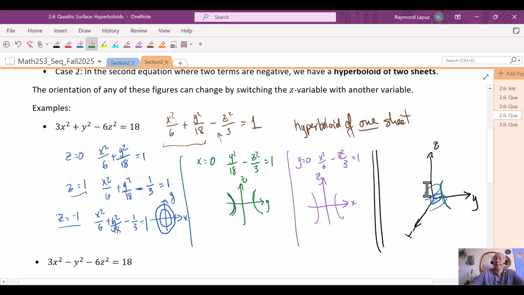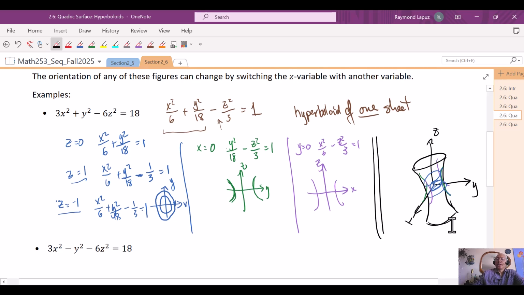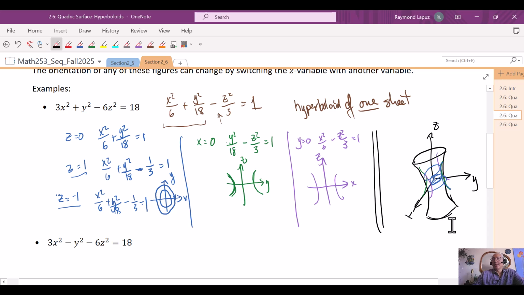Should be in green. There we go. And then if we draw along when y is equal to 0 along the xz plane, we're also having those hyperbolas. So ellipses and hyperbolas, you can probably imagine that this thing is going to look something like a silo of some sort. And so this is your hyperboloid of one sheet. Clearly, there's one sheet that makes up the surface of the hyperboloid.